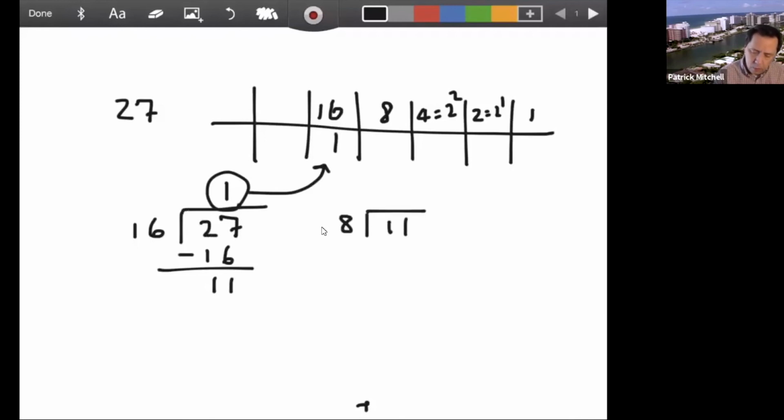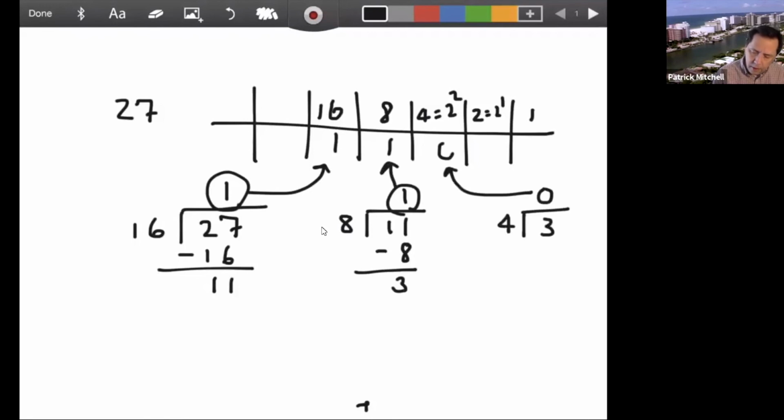It goes 1 time. So that 1 is going to go here. The next question would be how many times does 4 go into 3? And the answer is 0. Next place value is 2. 2 goes into 3 1 time. And then 1 goes into 1 1 time.